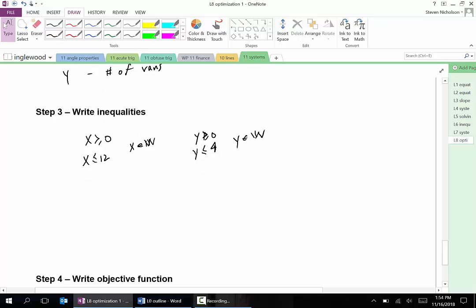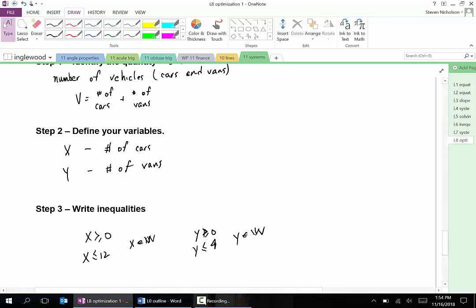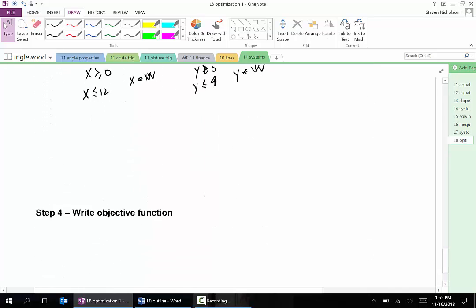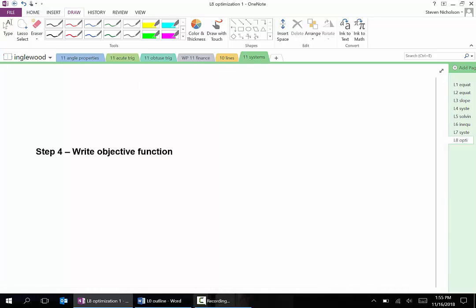Okay, so there's those examples of what we've done so far. We've defined our variables, and then we've stated what can happen. Ultimately, we're going to use this information to go ahead and solve, but we're not solving yet. And we're going to come down to this right here. We're going to, again, generate the objective function.